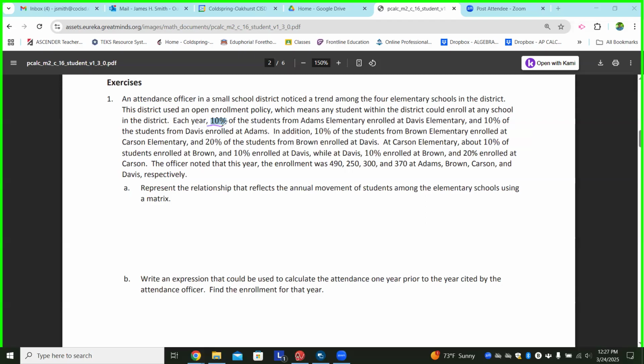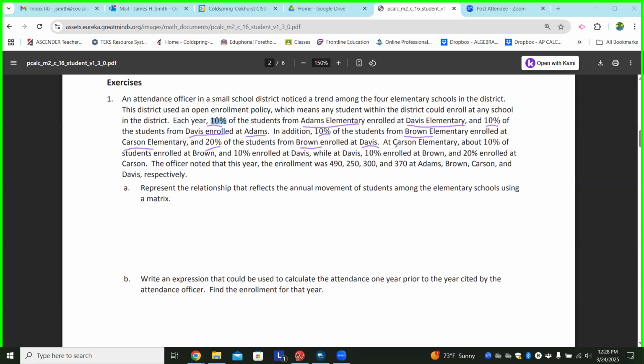Each year, 10% of students from Adams Elementary enrolled at Davis Elementary, and 10% of the students from Davis enrolled at Adams. In addition, 10% of students from Brown Elementary enrolled at Carson Elementary, and 20% of students from Brown enrolled at Davis.